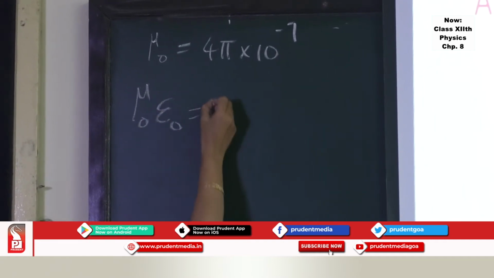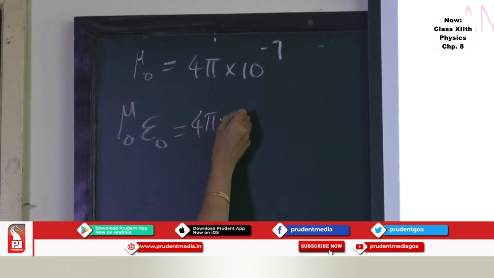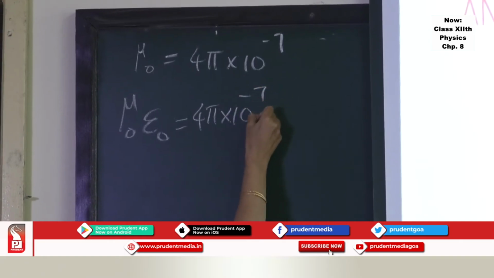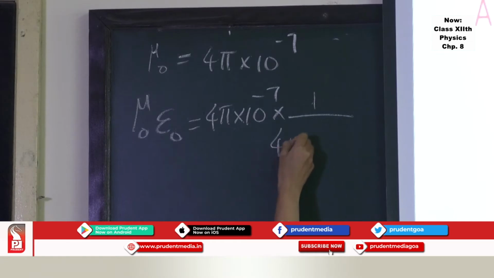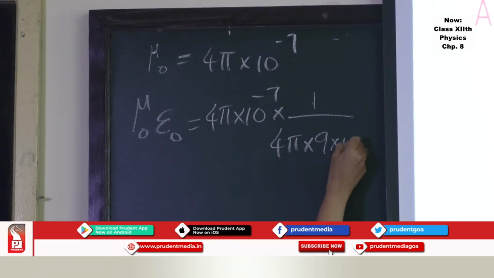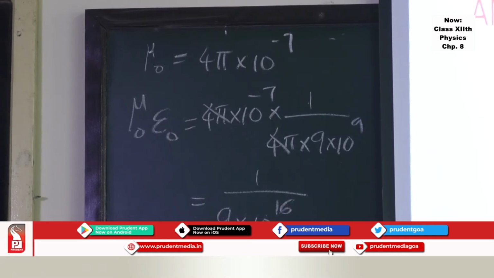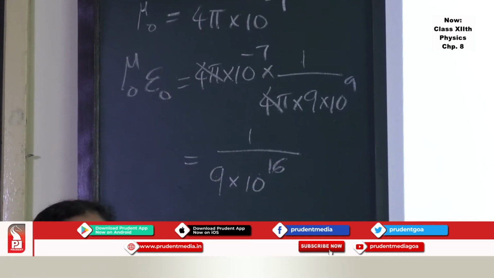What are you getting? 4 pi into 10 raised to minus 7 into 1 upon 4 pi into 9 into 10 raised to 9. Okay? 4 pi cancels. You are getting 1 upon 9 into 10 raised to 16.